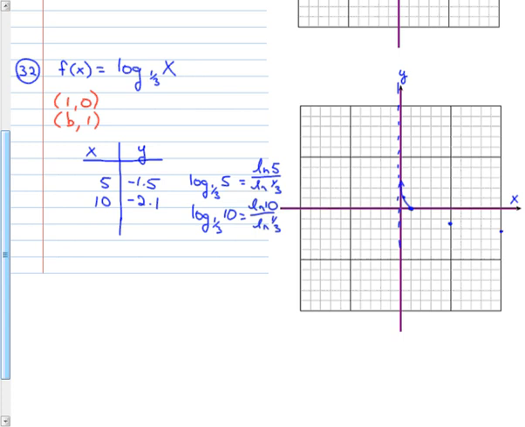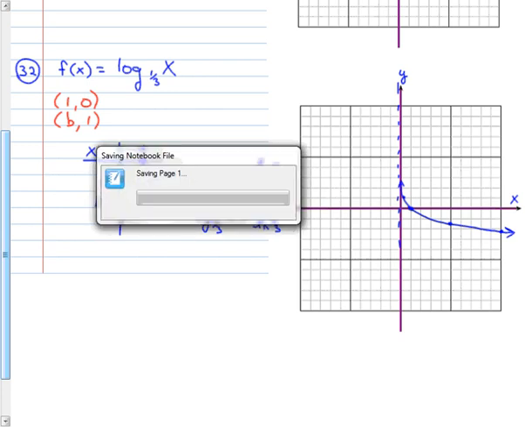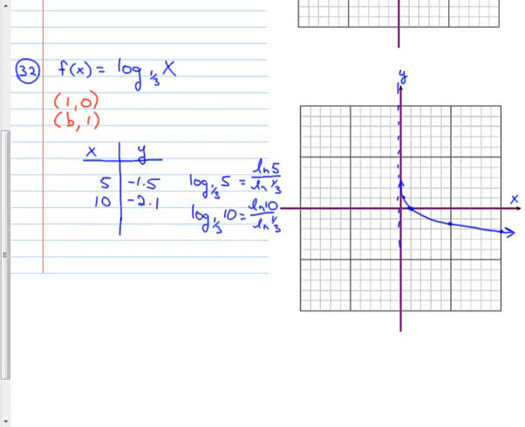Over 10 down 2.1. So it doesn't drop down very fast at all. And there's our logarithm graph. It's a decreasing logarithm function. It's decreasing because that base is between 0 and 1. If it was an increasing function, that base would be bigger than 1.